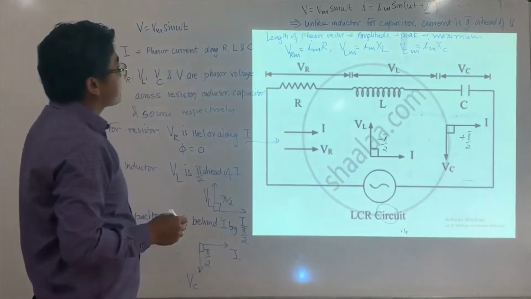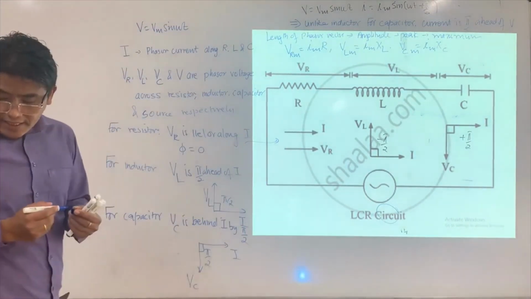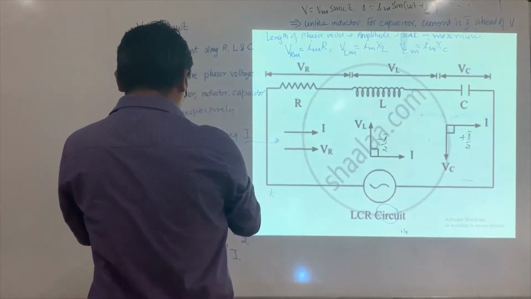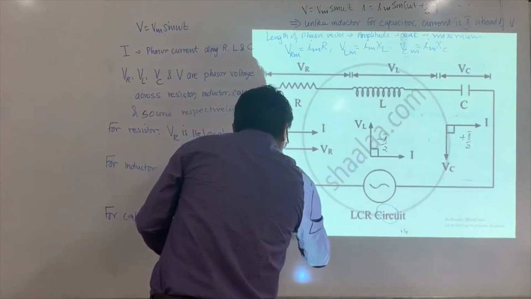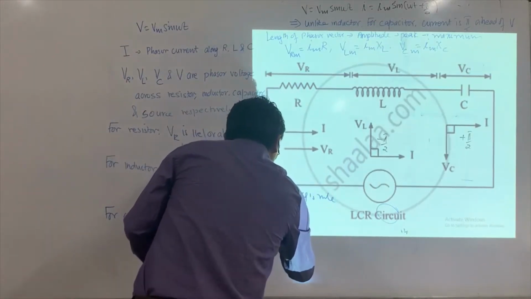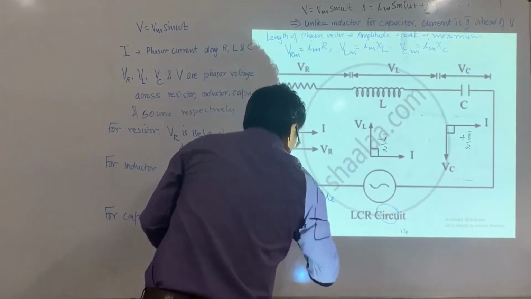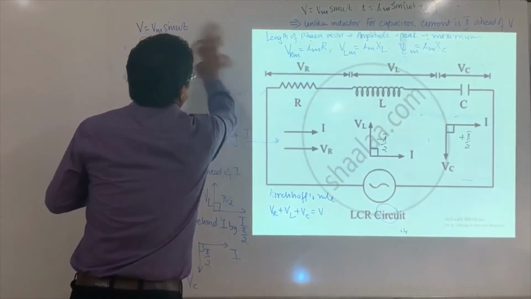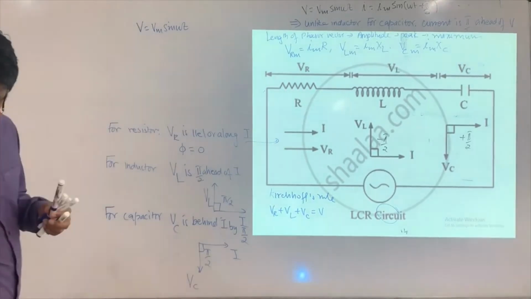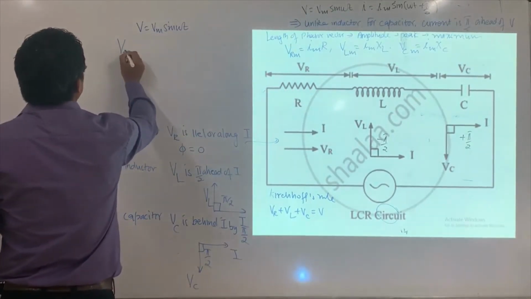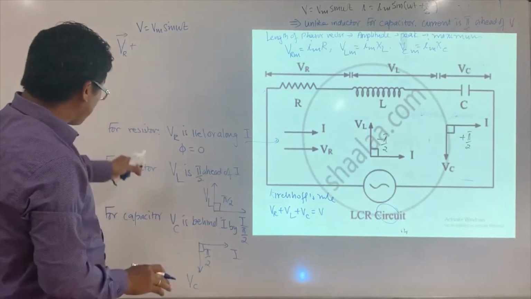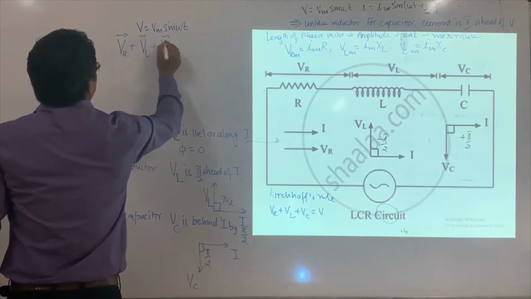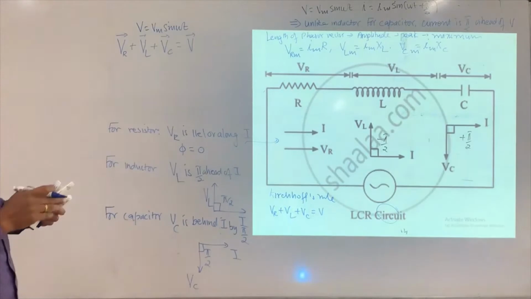And then I've used Kirchhoff's rules, which we just did: VR plus VL plus VC equal to V, or the vector sum of the phasor voltages across the resistor, inductor and capacitor equals V. These are all vectors. This is how we represent it.